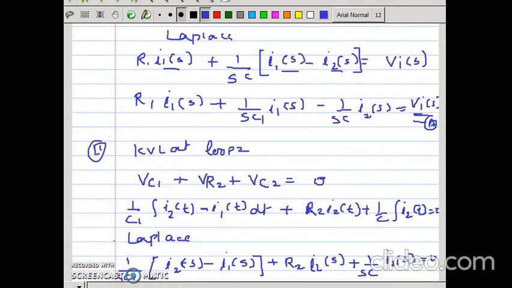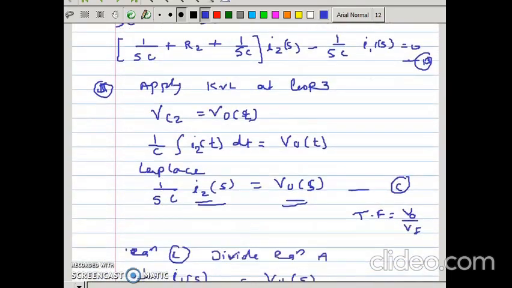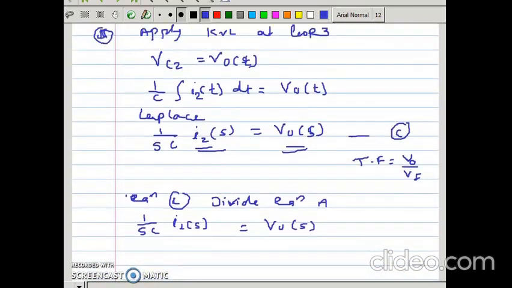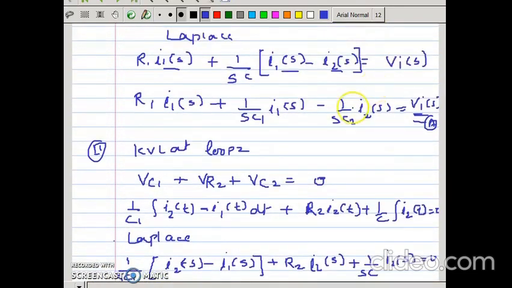Equation number A is R1 I1 plus 1 upon sC1 I1 minus 1 upon sC1 I2 is equal to Vi. I think this is sC1 only; by mistake I put 2 here, but it is sC1.